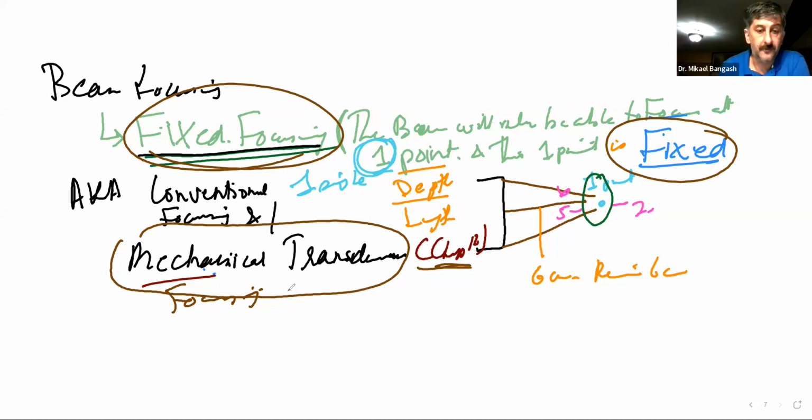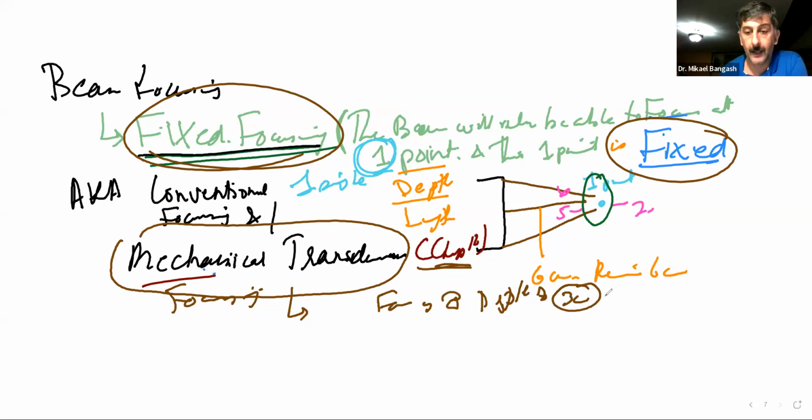If a mechanical transducer was built to focus at, let's say, a depth of 3 centimeters, then that was going to be its focal point or focal depth, and that remains fixed.